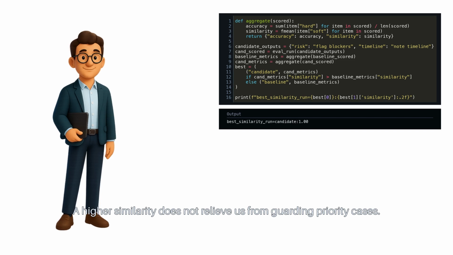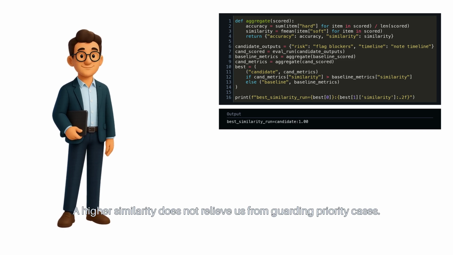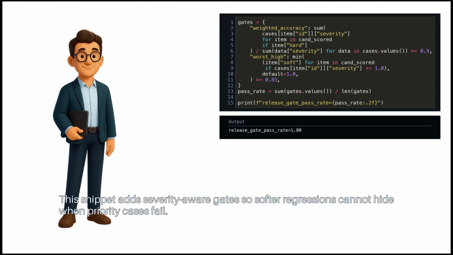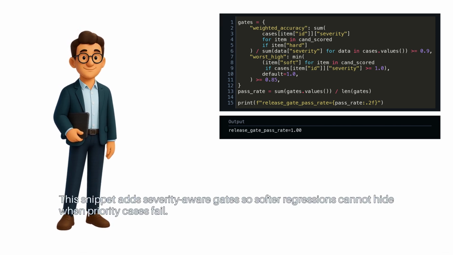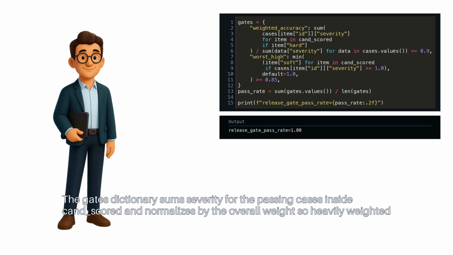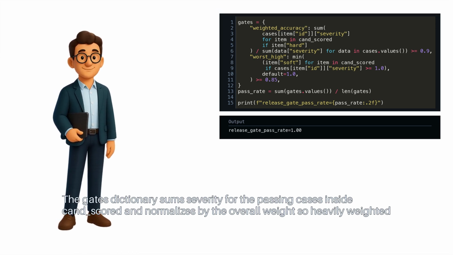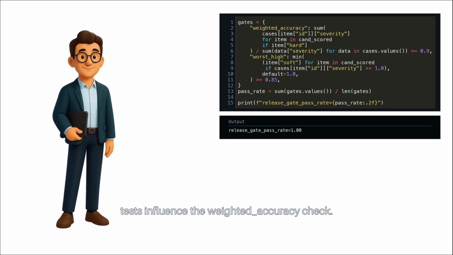A higher similarity does not relieve us from guarding priority cases. We next add severity-aware gates, so a small regression on a critical case cannot be hidden by wins on low-priority tests. This snippet adds severity-aware gates, so softer regressions cannot hide when priority cases fail. The gates dictionary sums severity for the passing cases inside candidate scored and normalizes by the overall weight, so heavily weighted tests influence the weighted accuracy check.